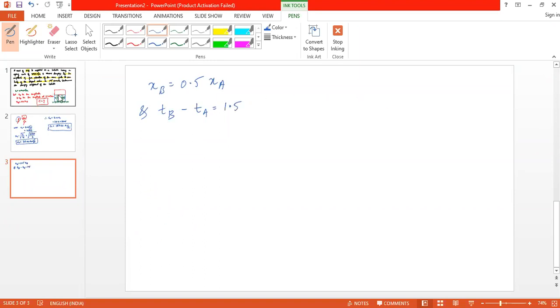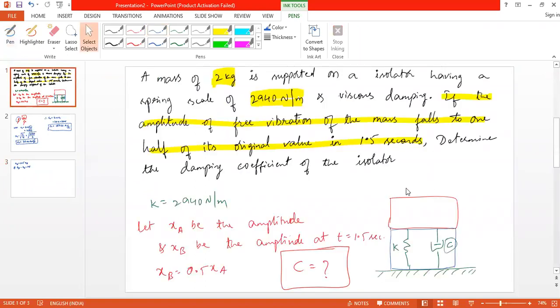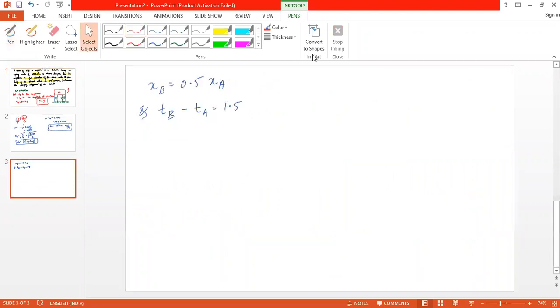That is, if you take this spring mass damper system and allow it to deflect, I write the time versus displacement curve.